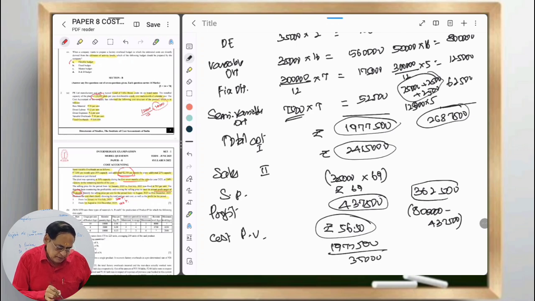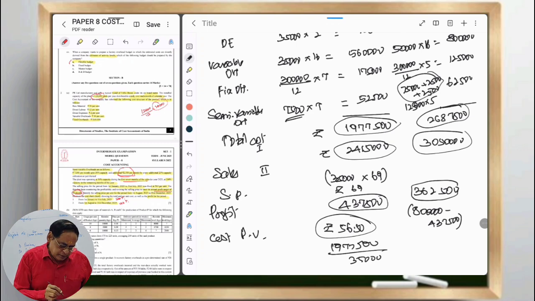But here we have to calculate the total cost, which is 26 lakhs 87,500, and the profit. So what should be the selling price? Cost plus profit, that is the selling price. So 26 lakhs 87,500 plus 3 lakhs 62,500, that is 30 lakhs 50,000, the sales value.